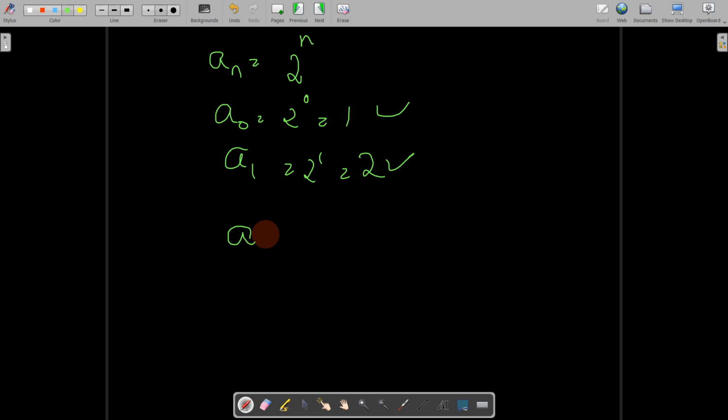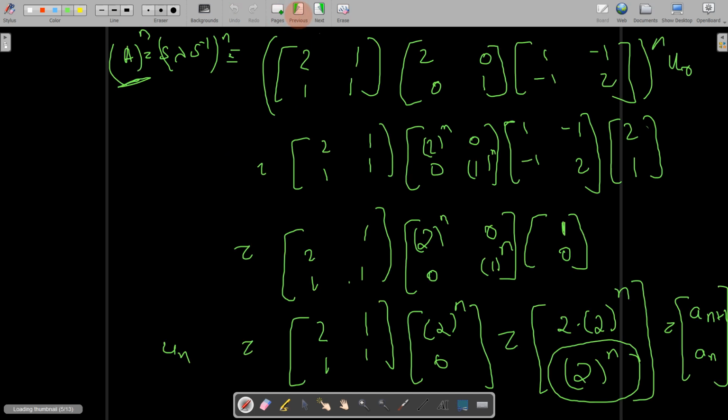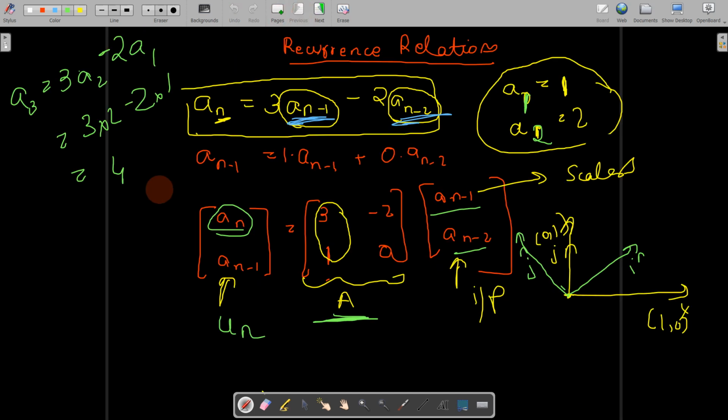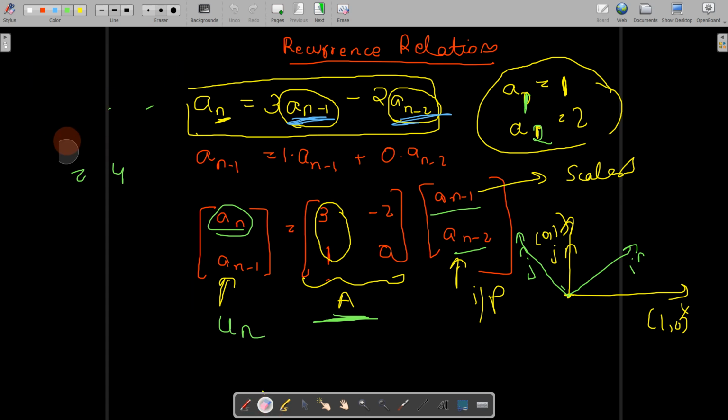Okay, wait, we started taking from 0 only. Let us then find a2 first. What is a2? a2 will be equal to 3 times a1 minus 2 times a0.